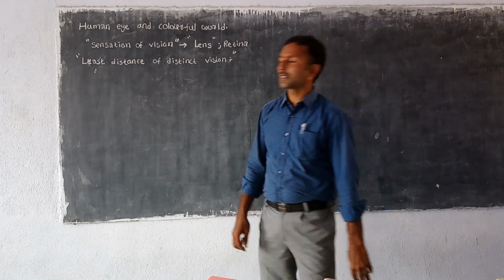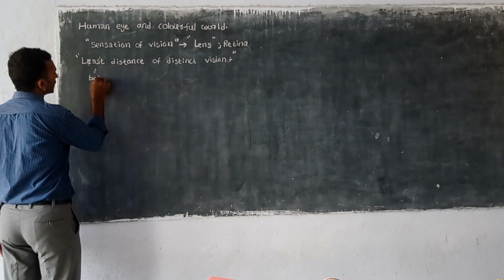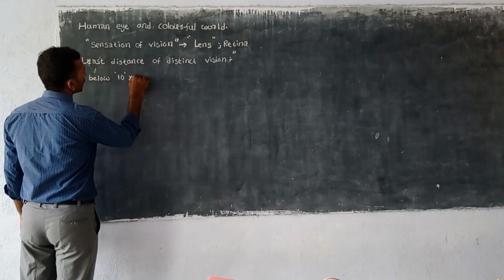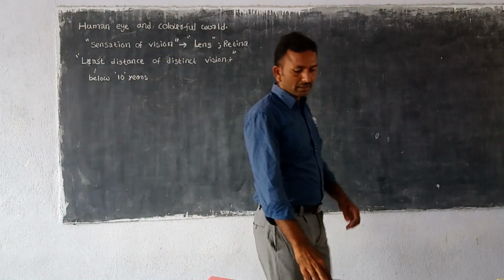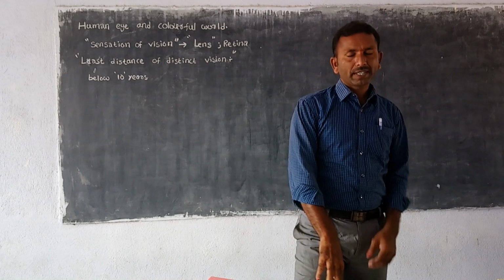At young age, here we are taking below 10 years, the eye muscles are strong and very flexible.